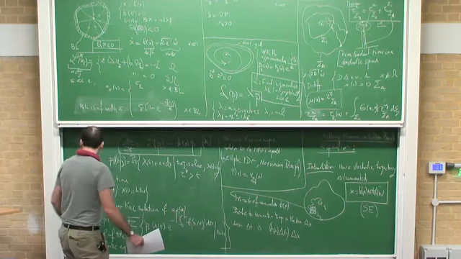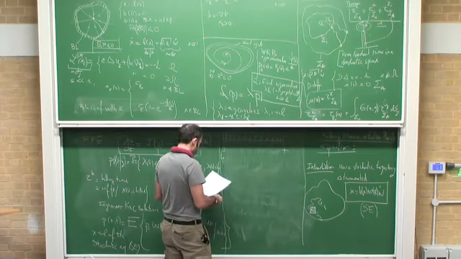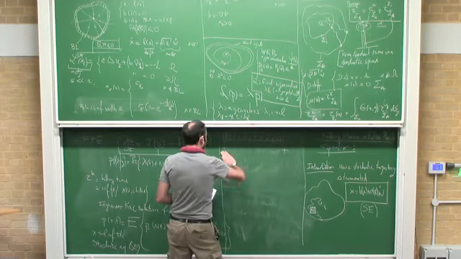Now, how do we give an interpretation of this equation? Let's take the time between 0 and t, and we decompose the time. This is 0, this is t, and now we cut it into pieces.